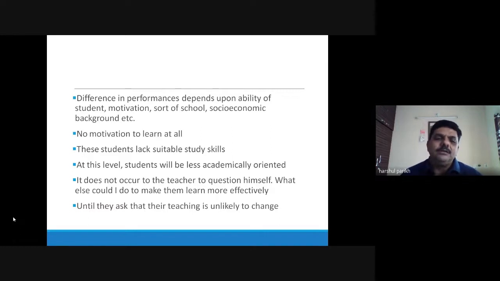And as a result, until we ask, our teaching is unlikely to change. Until we ask how I could make them learn more effectively, what are the different ways we can implement, until we think that, teaching is unlikely to change at level 1.